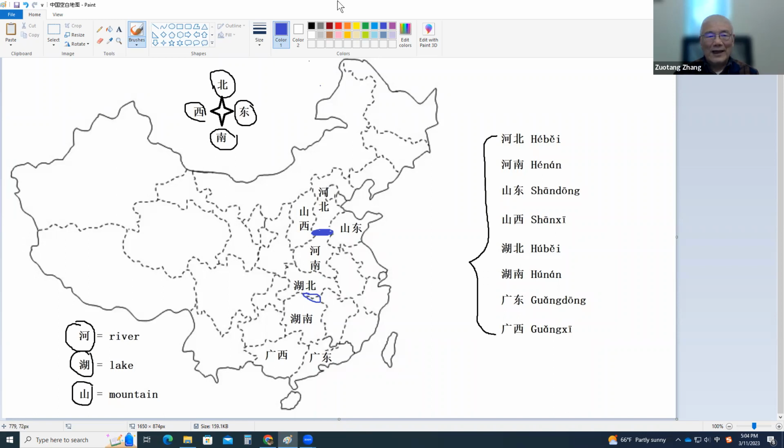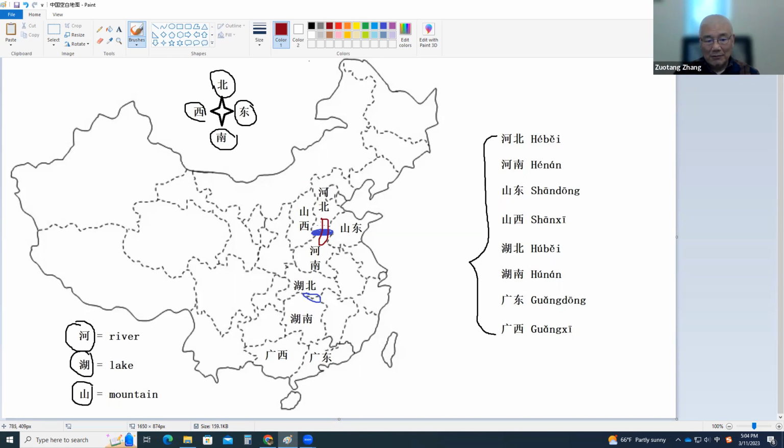All right. And then we are going to get a different color. Let's get the greenish color for the mountains. And here is Shandong, to the east of the mountain, and Shanxi to the west of the mountain. There ought to be a mountain somewhere. And I believe the river goes through the mountain or cuts the mountain into at least two parts.